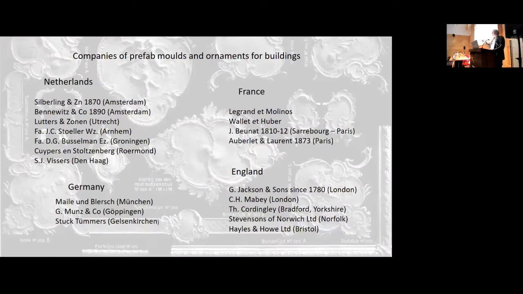And then I tried to see what we have in Holland of prefab companies specially made for architectural ornaments, so that's other than the sculptures for education and so on.